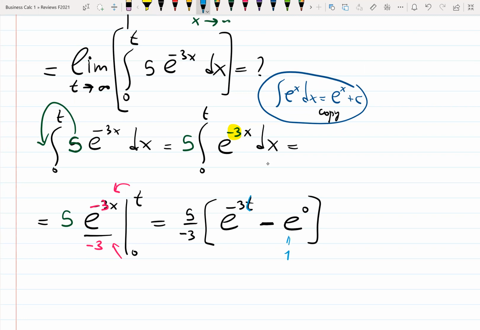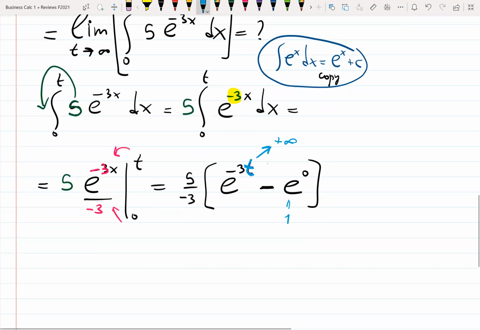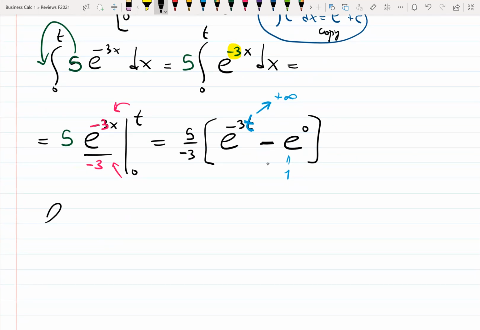So now everything depends on what this t does. Anyway, this t goes to plus infinity. So at this particular moment, we finally remember it was a limit and t is actually exploding to plus infinity. It's literally like an explosion hidden in the exponent.